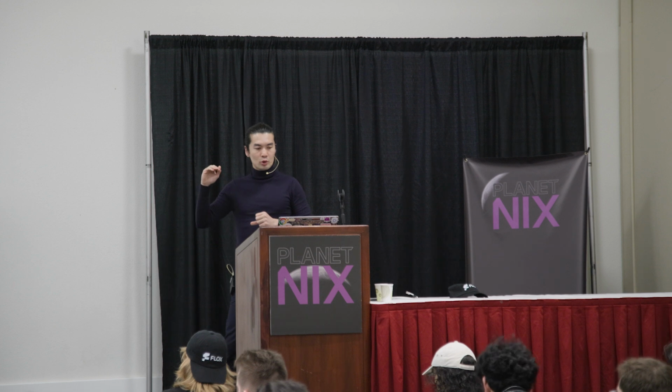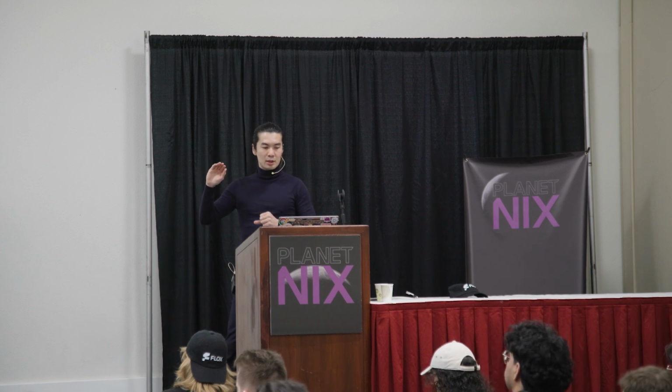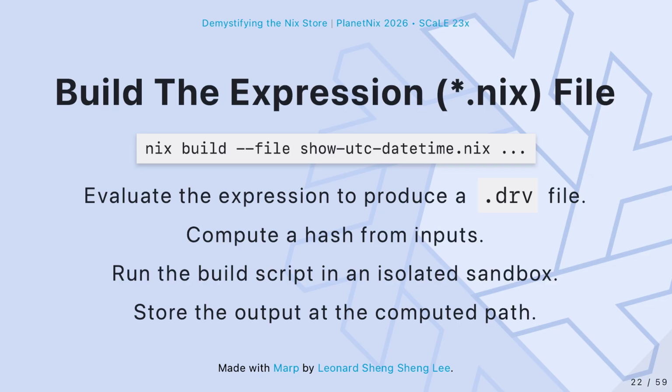So now we will look into the build process from the Nix expression file. During the build process, first Nix would evaluate the expression to get the derivation, and then Nix would execute the derivation in a sandbox to produce its output.